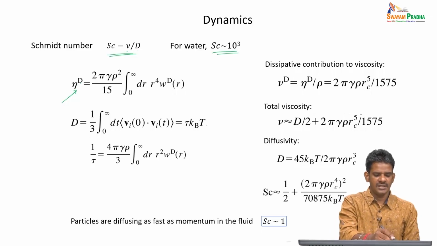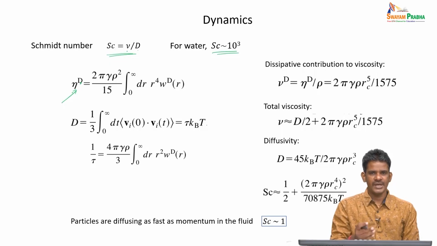This eta d is basically the contribution of the diffusive, or dissipative, force to the viscosity, and we also have the momentum part, etc. If you look at this expression, we basically have an integral over r with the weighting function omega, and omega is something that we have already chosen.